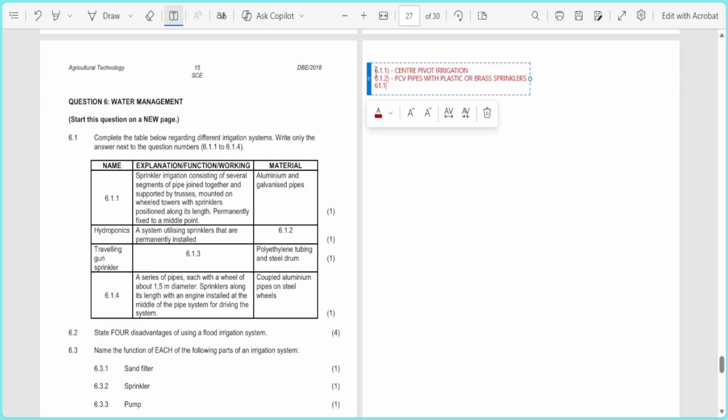6.1.3, really, are they expecting us to write an explanation for this? But anyway, we have a traveling gun sprinkler. We need to give a function, working, or an explanation. The material is polyethylene tubing and steel drum.